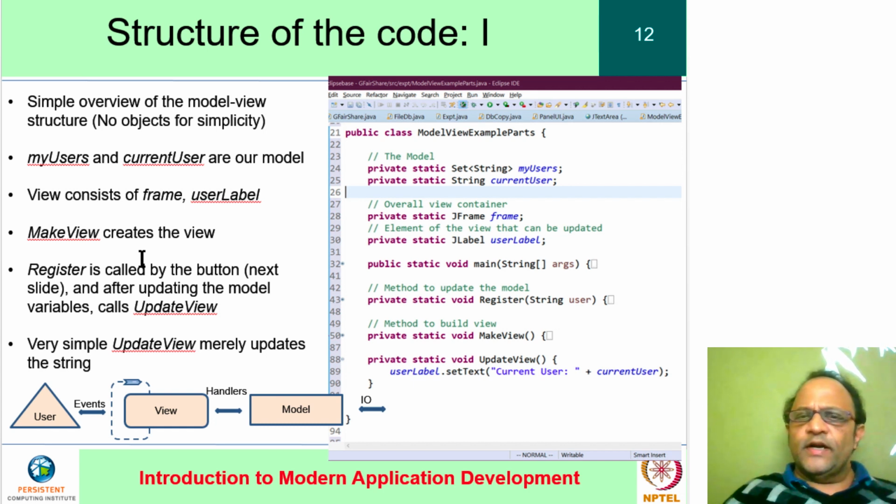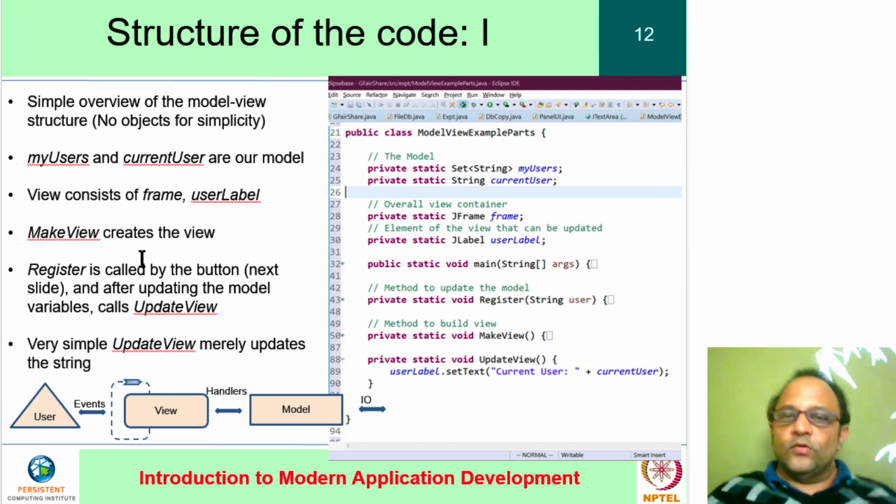The reason was that I didn't want any extra structure. I just wanted to show that even simple structures can map very clearly into the model view structure that we have already seen. For ease of reference, I have replicated the model view diagram on the bottom left of this slide. So let's do a quick walkthrough of the code that we see here.